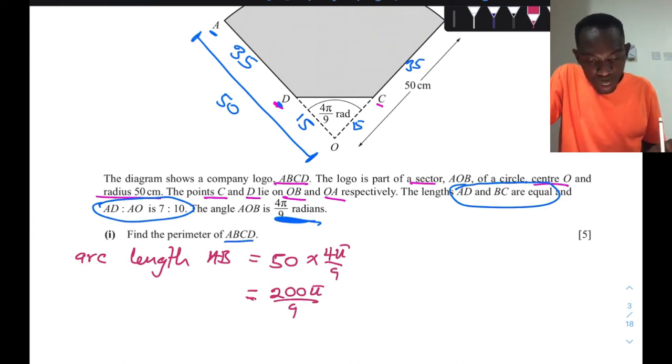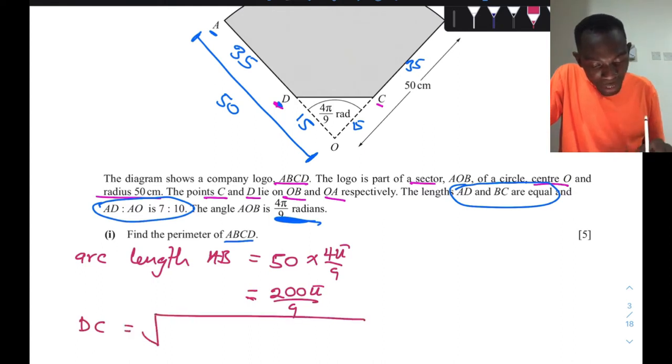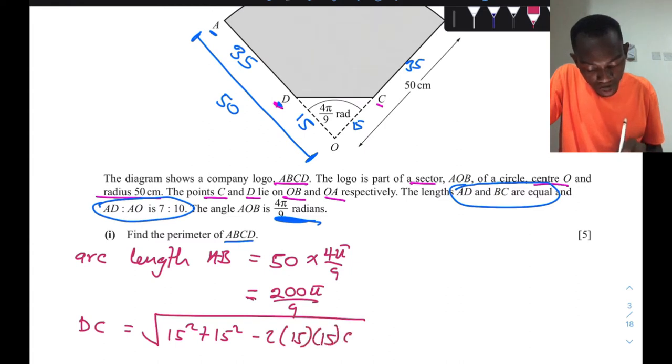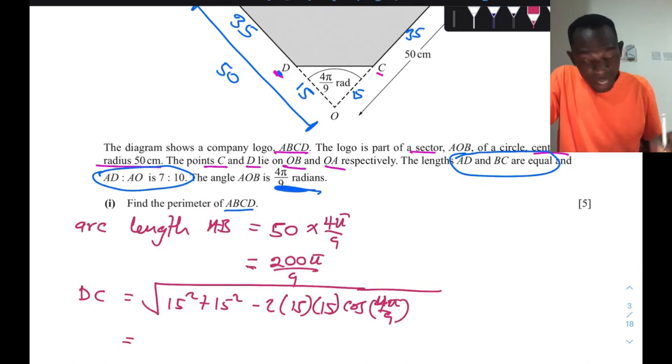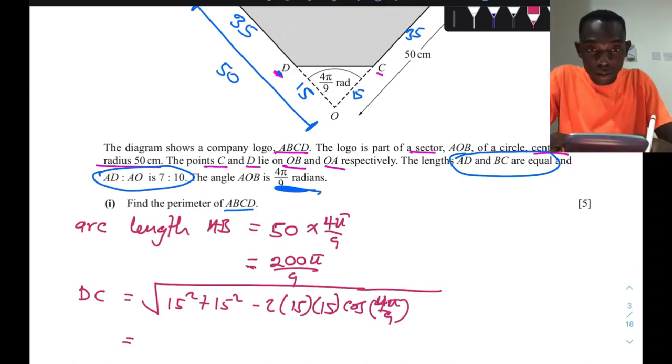Then since we are left with DC, use the cosine rule to find the length DC. DC squared will be 15 squared plus 15 squared minus 2 into brackets 15 into 15 cos the angle in between them, which is 4 pi over 9. All right, and that will be this one.